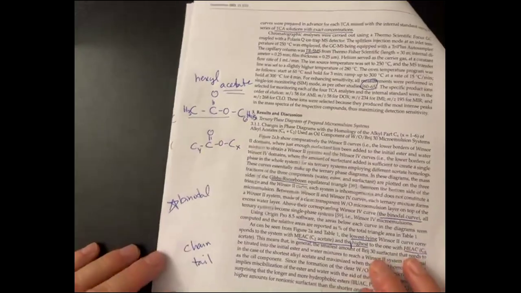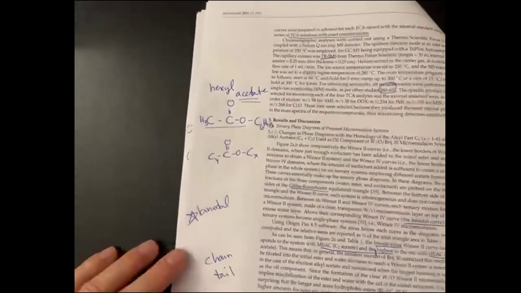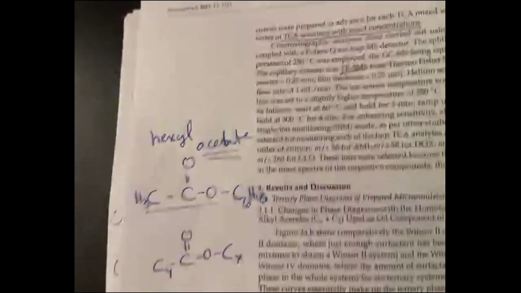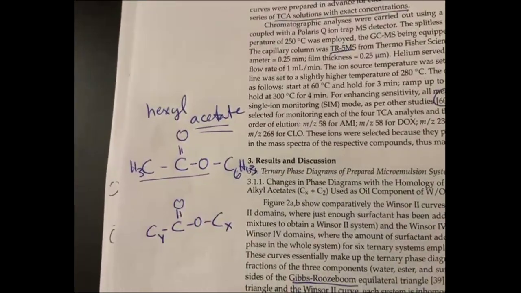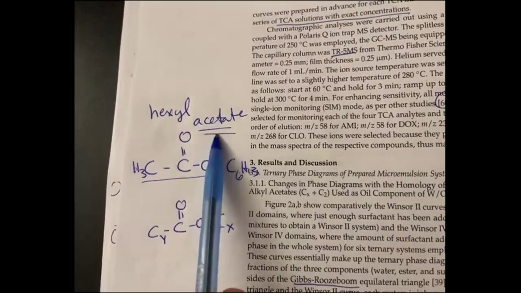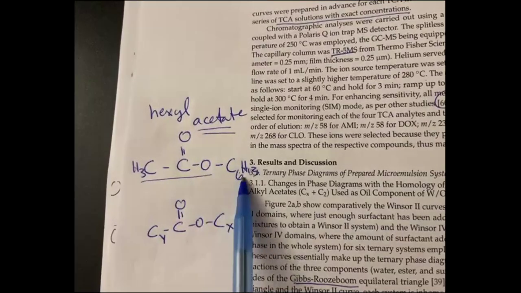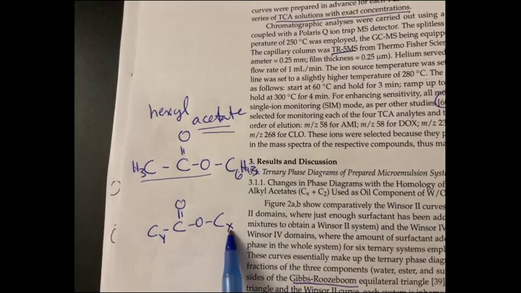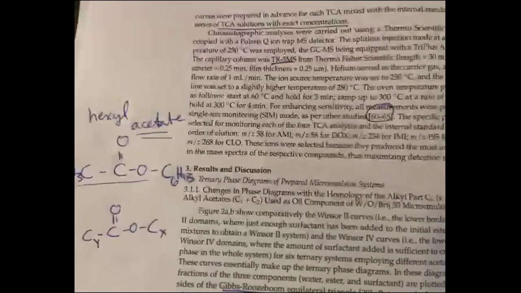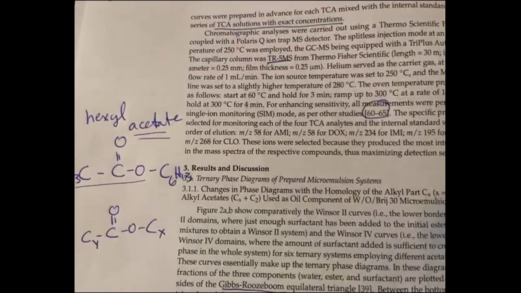So stop share. Hopefully now you can see the page here and what we've got: drawings, extreme zoom. So we said hexyl acetate had the 6 carbons here. That means X in this place right here, X equals 1 to 6.